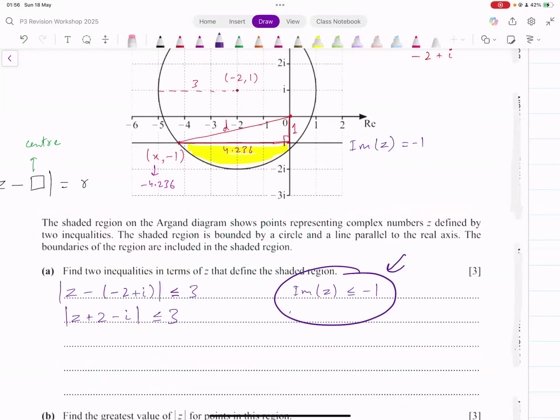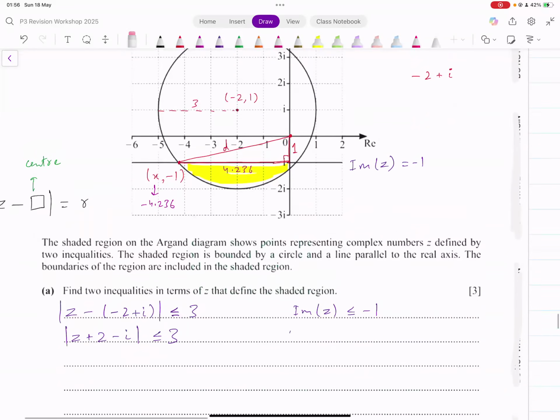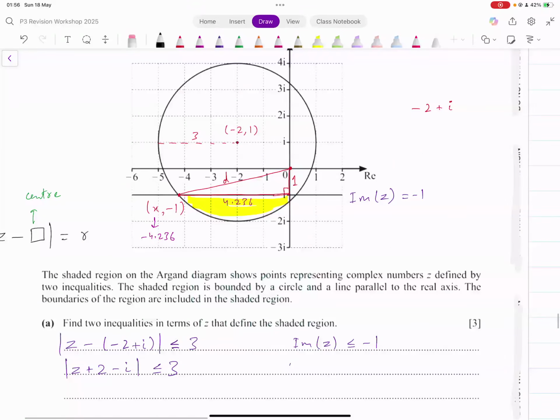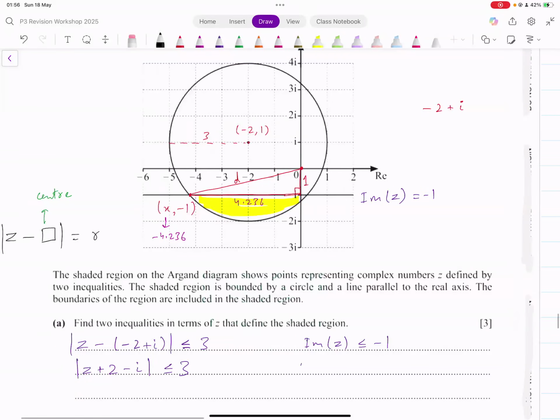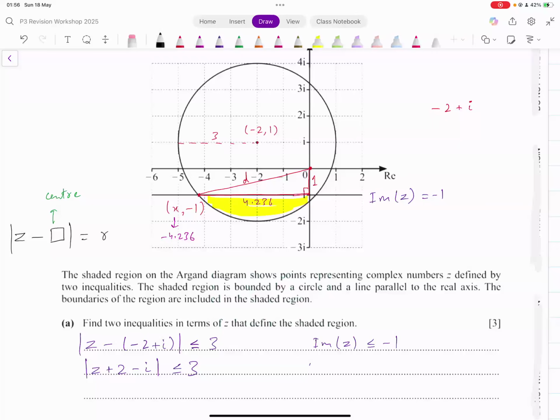Sometimes we have to do this as well, that they give you a shaded part themselves, and you have to write down the inequalities from that. So in this case, we had modulus of z. This is the standard format, modulus of z minus some expression is equal to r.